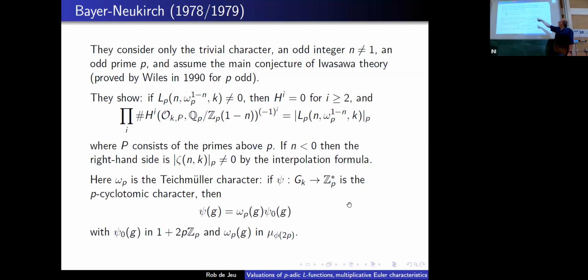Okay, so you get this L function, and then they actually show that H^i is 0 for i greater than or equal to 2, so you only get H^0 and H^1. They're finite, and you have the correct interpretation, right? So with a trivial character, the space V is just Q_p, a stable Z_p submodule, and you get exactly this one.